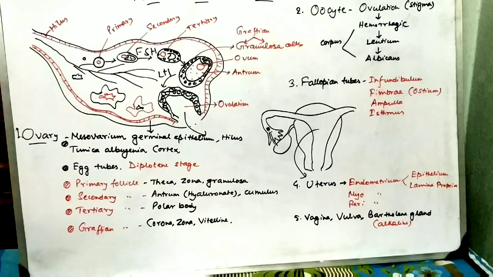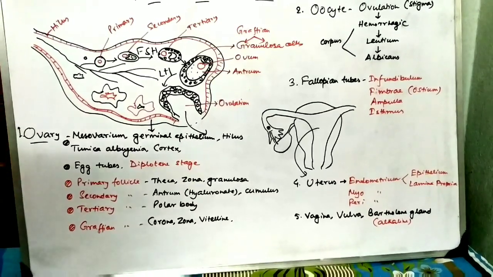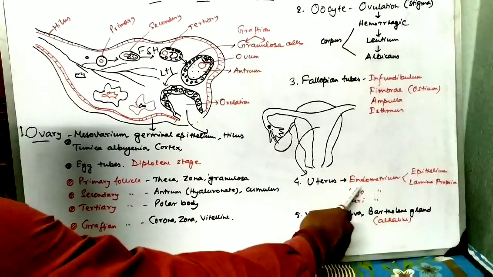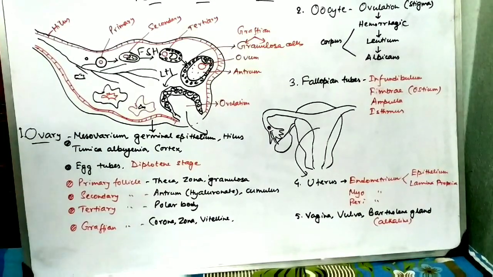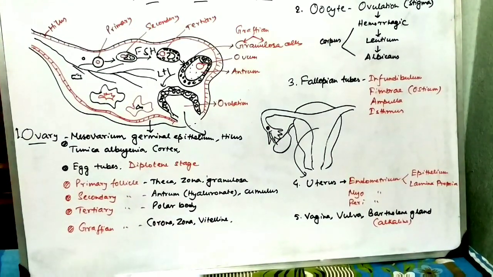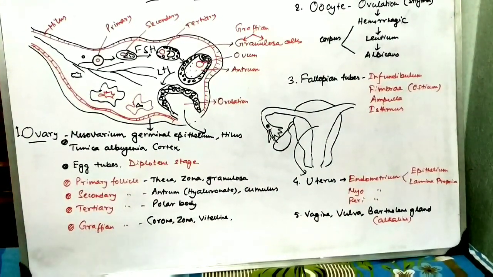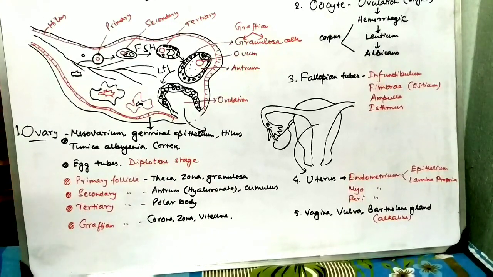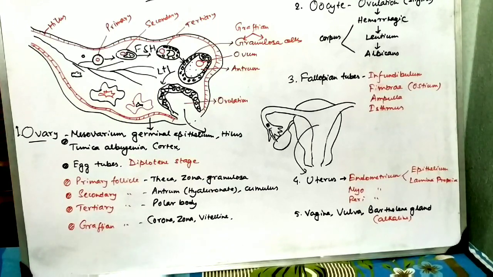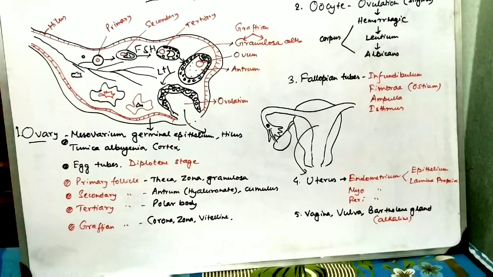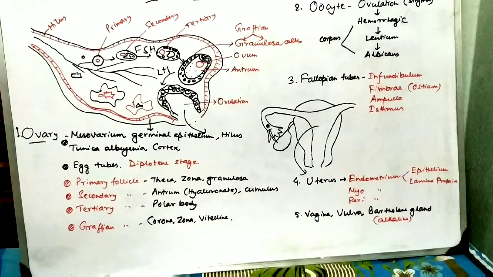And there is the myometrium, which is the muscle that helps in contraction. The myometrium helps in the contraction of the uterine walls during parturition, or the birth of the baby. So this is the function of the myometrium. Another covering is known as the perimetrium. Besides this, there is the external reproductive opening, known as the vagina.